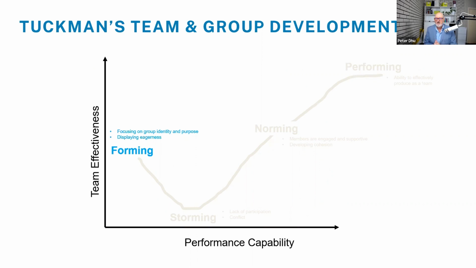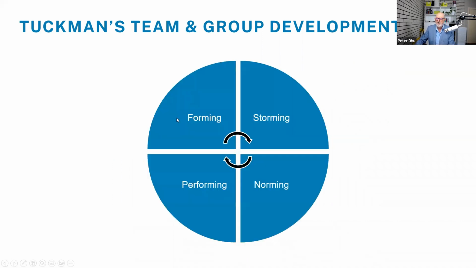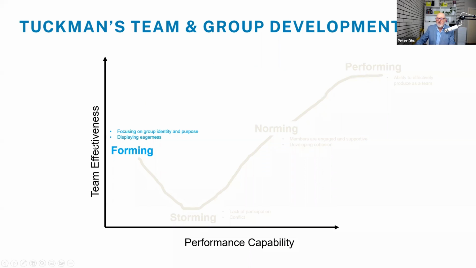So let's start off with forming. And you'll also see this is another format, another representation of this same model. We go circular. On these axes, you've got the effectiveness of the team and the outcomes or the performance.